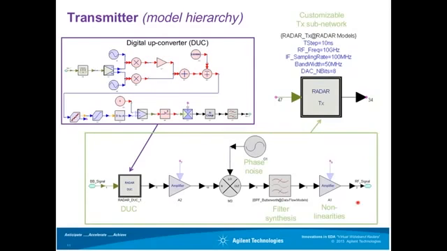As can be seen here, the transmitter includes the analog portion and the digital portion. For the analog portion, we allow you to specify the nonlinearity, the gain, and the filtering. Also, phase noise can be specified here.